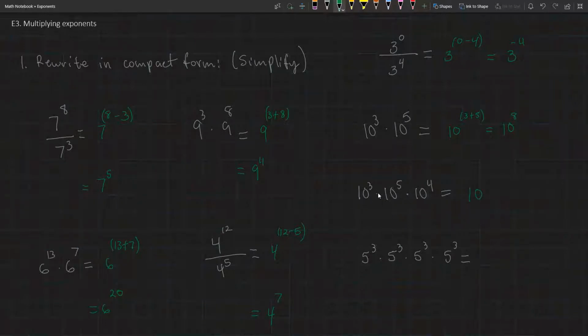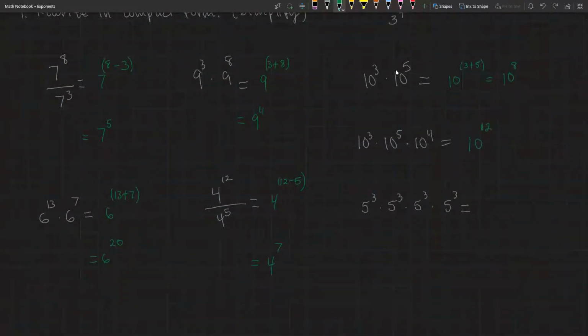Because it's multiplying by 10, even though it's 3 times, it's still the same base. All we need to do is add the exponents. If you don't believe it, go ahead and expand all of them and verify that indeed it's going to be 8 and 4 is 12. Indeed, 12 tens. All right. Because look, this part right here was the same as that part. That already had 8 of them, plus 4 more should make 12. And that should also make sense.